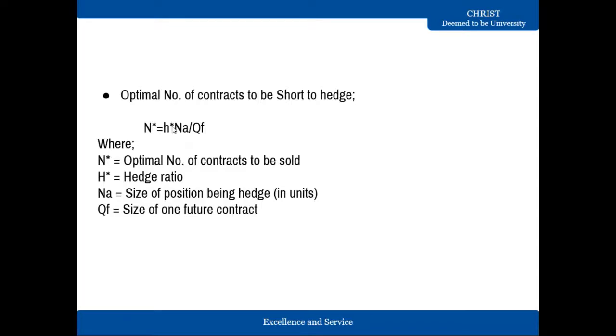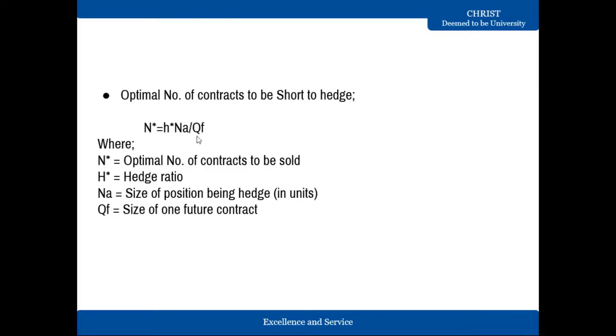Say, for example, I have 1,500 units in my portfolio. NA here is the size of the position being hedged. That means I'm holding this number of units in my portfolio, out of which 25% I want to hedge.